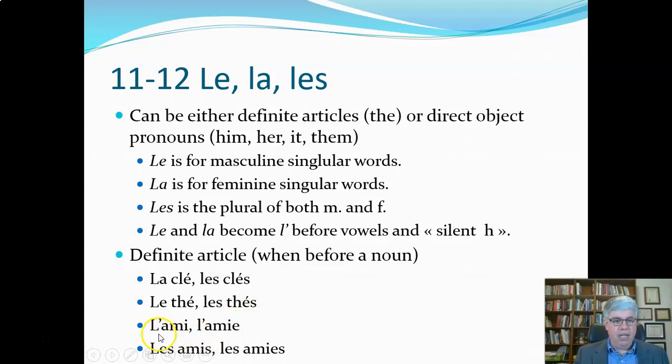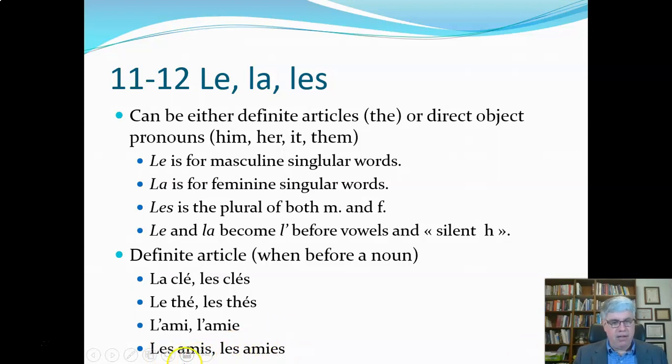Here we've got l'ami, masculine, and l'amie, feminine. So they both start with a vowel. This one's masculine, this one's feminine, but we use the l' apostrophe for both of them. And when they're plural, we use les for both the masculine and the feminine. Les amis, les amies.